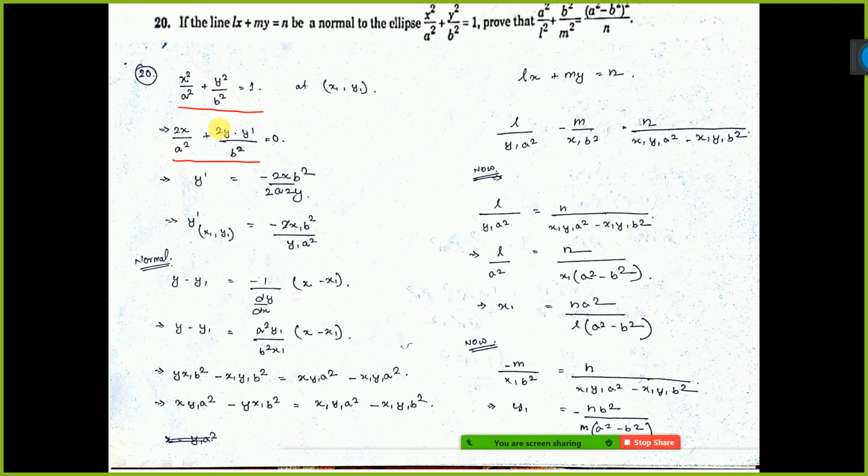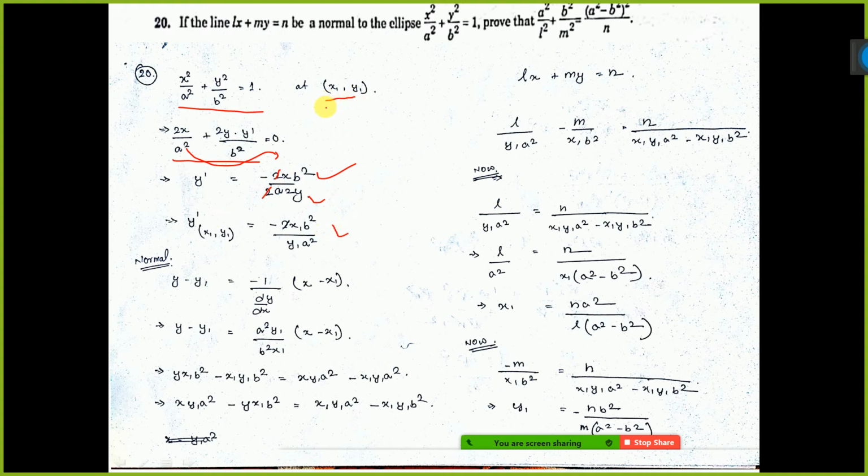So first 2y, then differentiation of y, that is y dash, and b square is constant, so it will be in the denominator, and differentiation of 1 is 0. Now this one you send to this side, and with y it was 2y by b square, so b square will go up and 2y will come down. Do the cancellation, you are getting y dash.